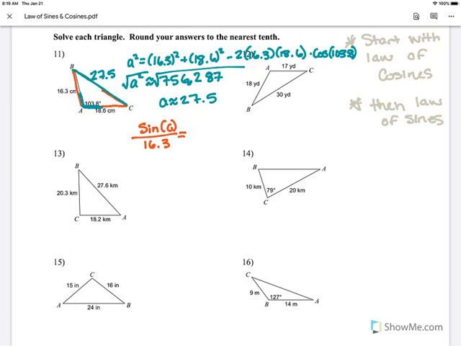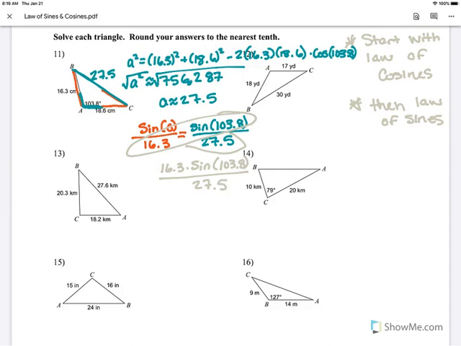So what's the measure of angle A, Kellen? The angle of 103.8. And then what do we put that over? 27.5. So then we have to multiply diagonally and divide. So we have 16.3 times the sine of 103.8 over 27.5.